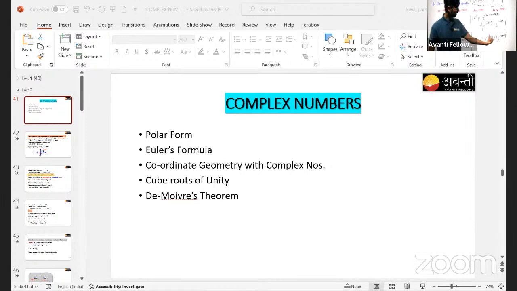Now, you can see here, we got the same thing. Instead of theta, we have r cos theta. I'll highlight it. It makes no difference.